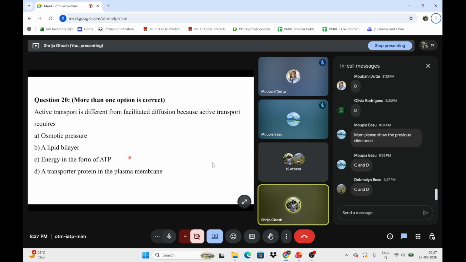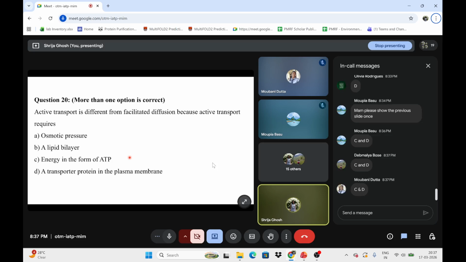What would be the correct answer? Write your answers in the chat box. Remember, more than one option could be correct in this question. So read the question carefully, read the options carefully and answer. I can already see 3 answers in the chat box. Others also write your answers.